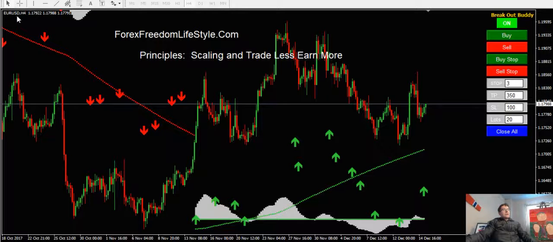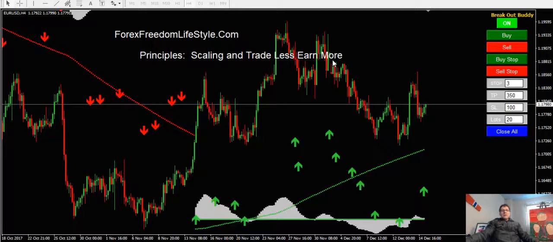We're in the Euro US dollar on this chart, H4, meaning each one of these candlesticks takes 4 hours to form. This is a more long-term, more comfortable, more relaxed style of trading that allows for scaling and trade less, earn more.